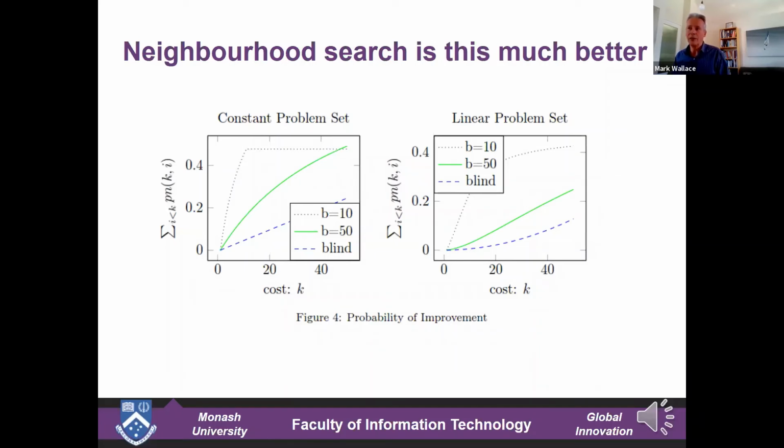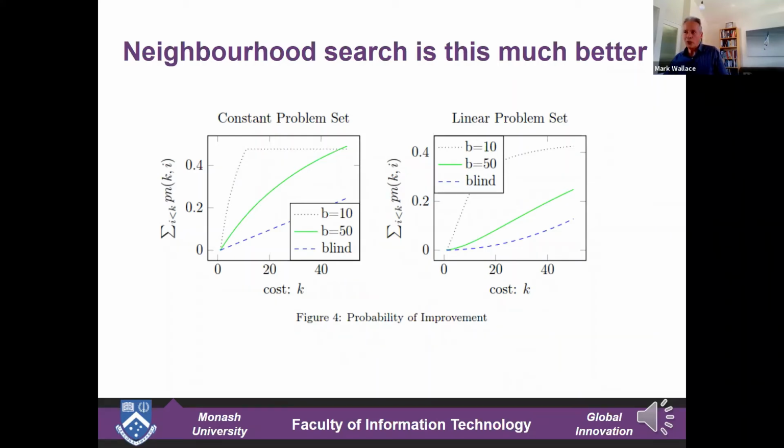And when B equals 10, you get a much, much higher probability of improving. For the linear problem set, you see a similar behavior. Again, the blind search gets worse more quickly, and the tightest neighbourhood has actually a better behavior, and it's proportionally better.